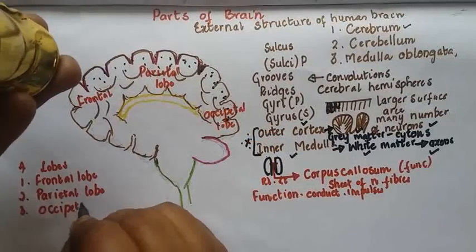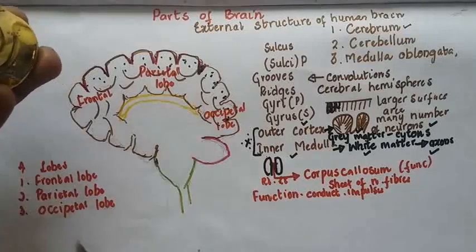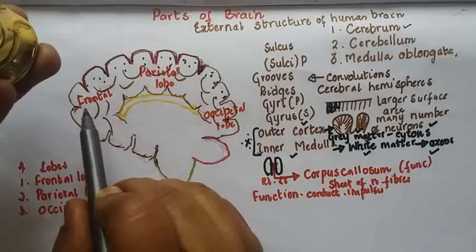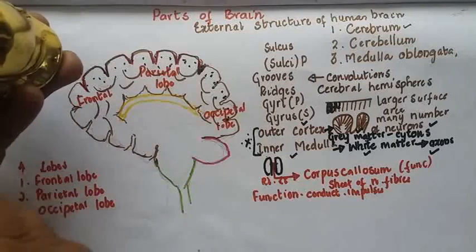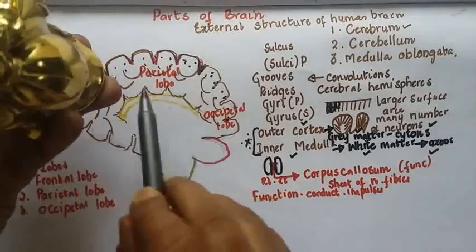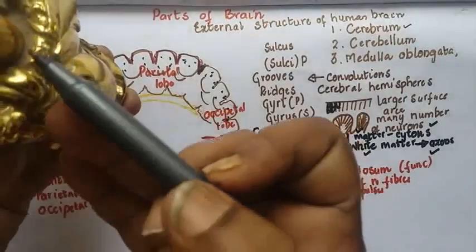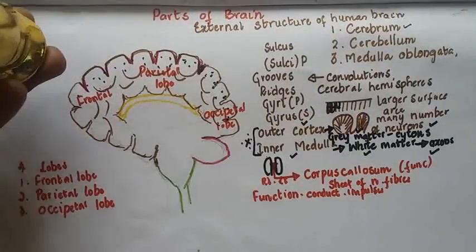So the cerebrum has 4 lobes. This is the frontal lobe, which is very close to the forehead. Behind the frontal lobe, we find the parietal lobe. And behind the parietal lobe, that is very close to the foramen magnum, at the back of the skull, we find the occipital lobe.